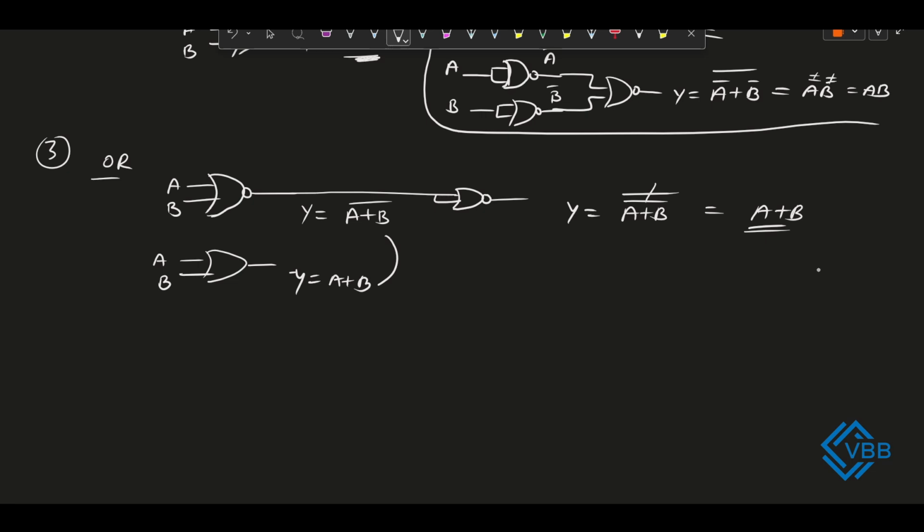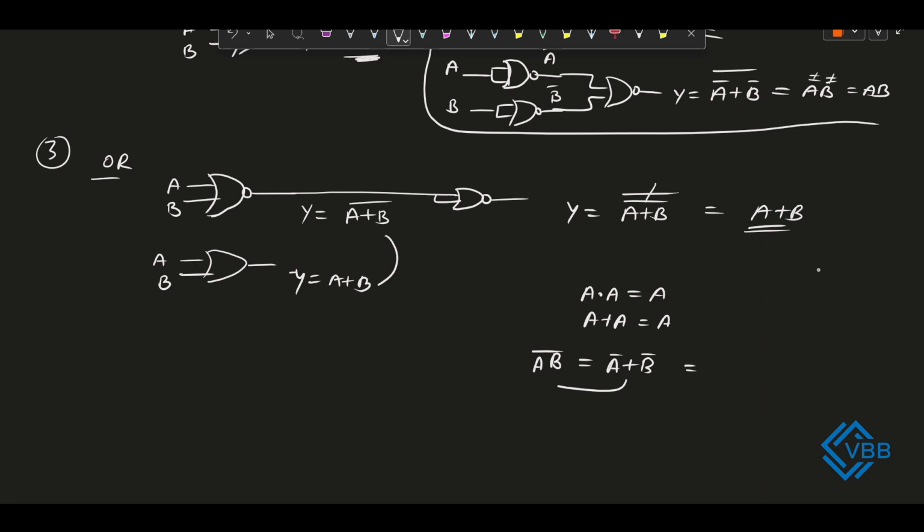Just remember the basic fundamental of how to implement any logic gate using universal logic gate, either it can be NAND or NOR. So we have seen, like, just we need to remember this fundamental: A into A is equal to A plus A is equal to A, and one De Morgan's theorem that will say if we will convert this and expand this, that will come A plus A bar plus B bar, and again vice versa.